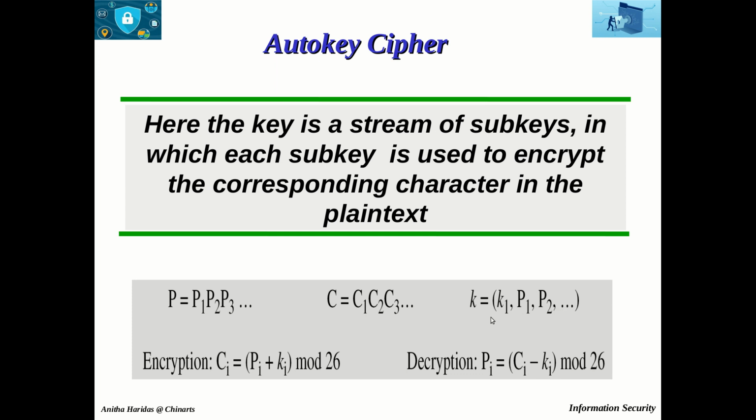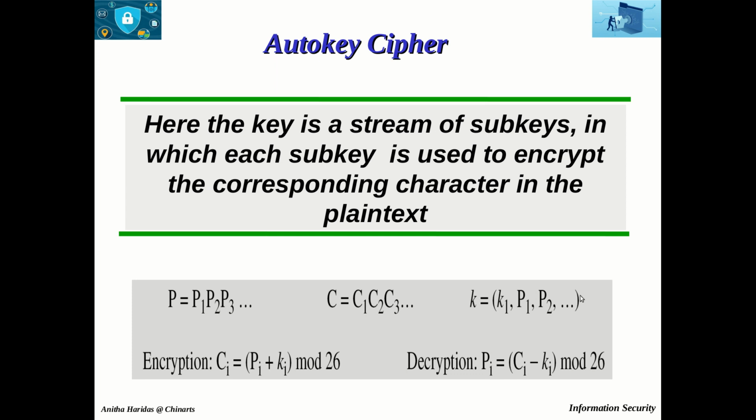So you can observe here the key value is a stream of keys in which K1 will be the first key value, which is a predetermined value secretly agreed between sender and receiver, whereas the second subkey is the first character of the plain text, and the third subkey is the second character of the plain text, and so on.